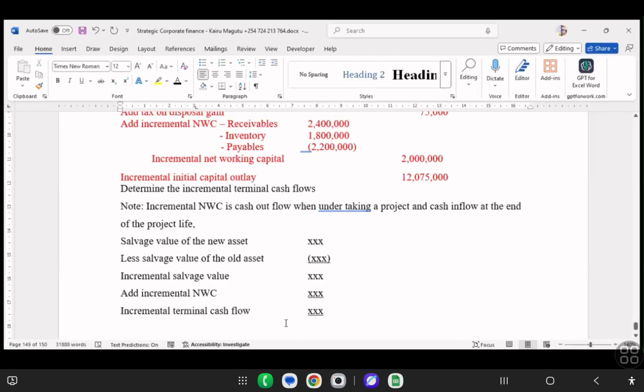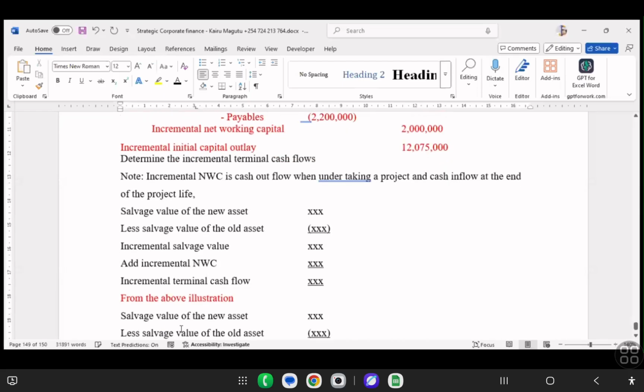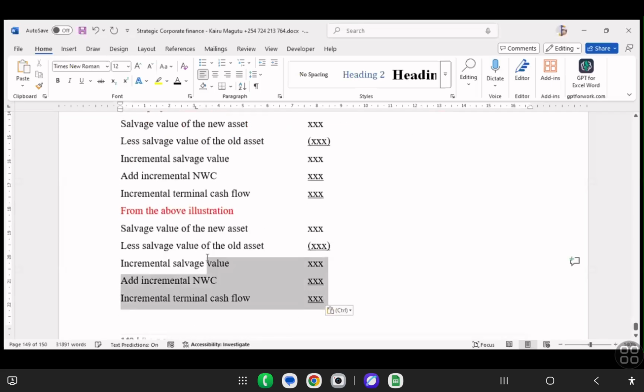Then, given this, let us determine from the above illustration. Let us see how much it will be.